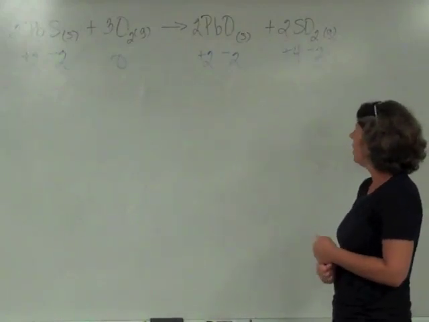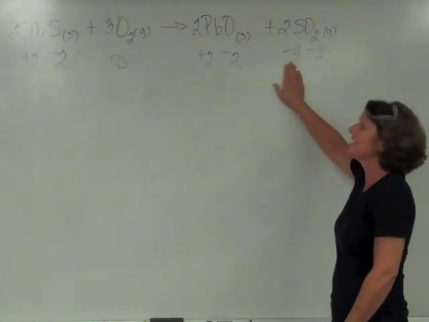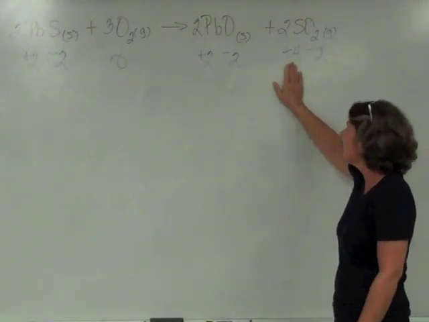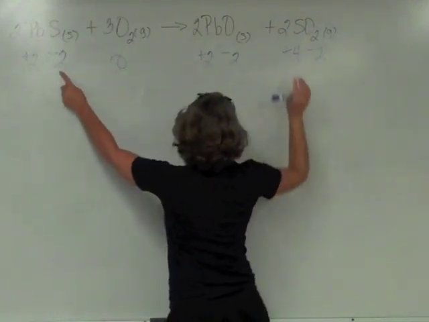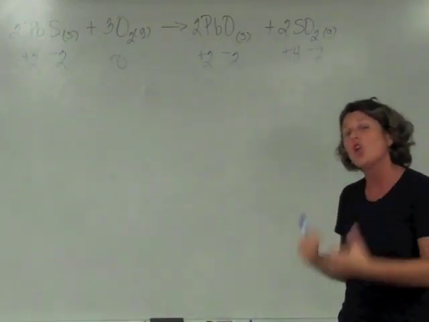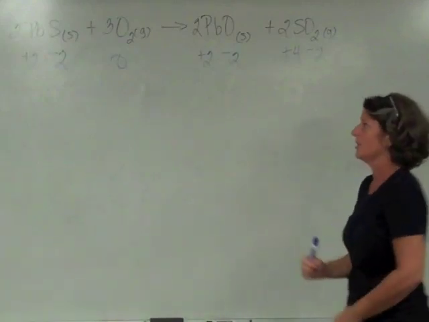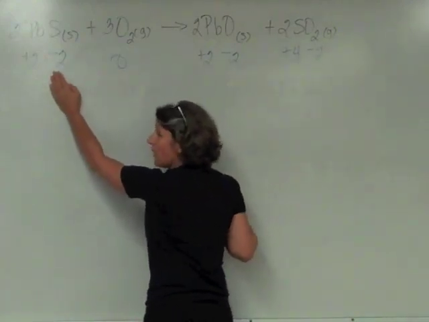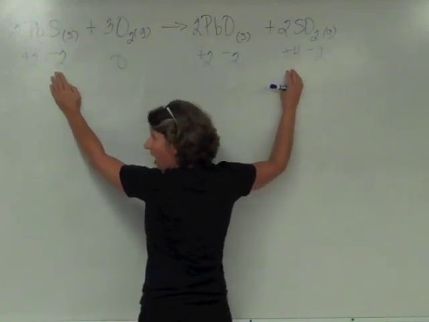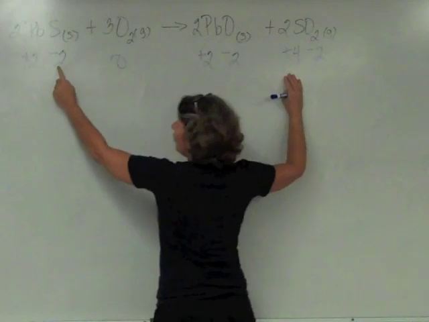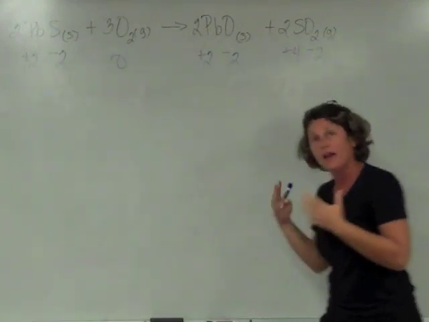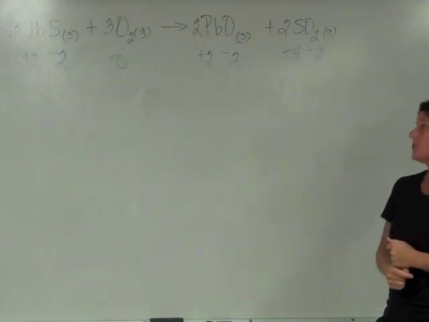It hasn't really given up 4 electrons; it just isn't allowed to keep them very often in the sharing. So we've gone from negative 2 to positive 4, which means sulfur lost 6 electrons: 1, 2, 3, 4, 5, 6 electrons have been given up by sulfur.